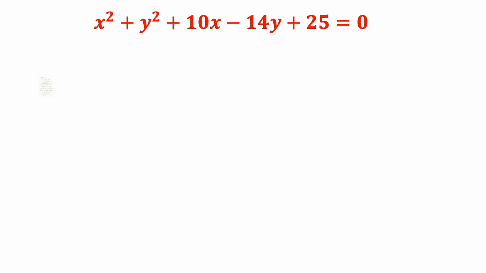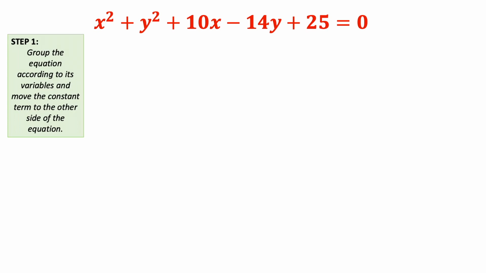So, step 1 requires us to group the given general equation according to its variables. Then, we will transpose the constant term to the other side of the equation. Aside from transposition, one may also apply in this the subtraction property of equality, or SPE.